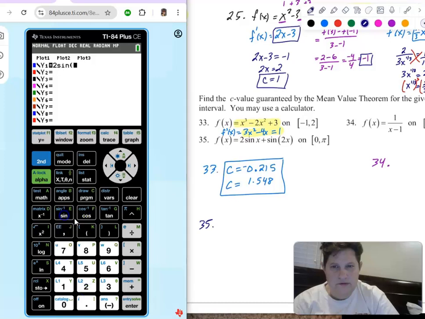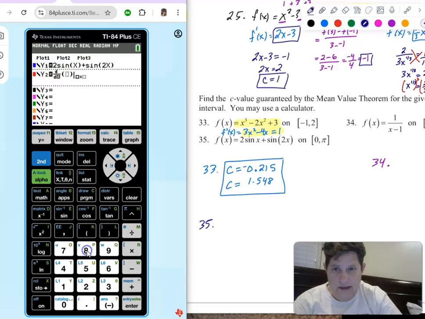I'm going to go sine x plus sine 2x. Now, even if it's something you don't want to take the derivative of, you can actually do this. Math 8, and then you can put alpha trace y1, and then what you have to do is put x equals x, and that will do the derivative everywhere.